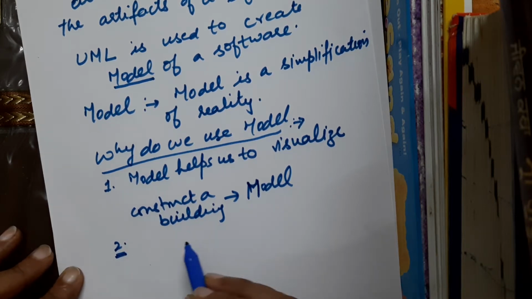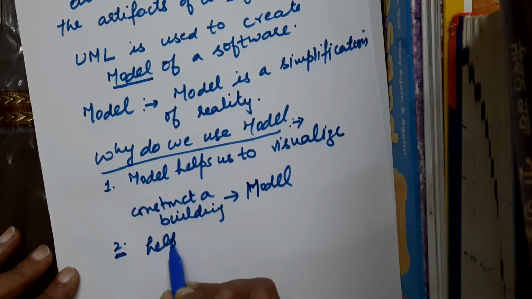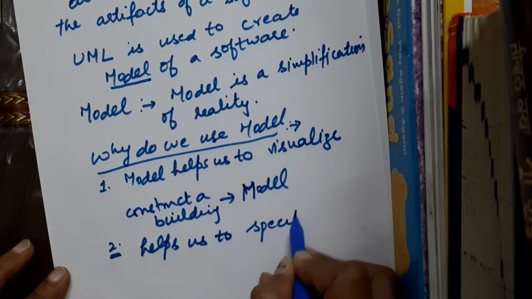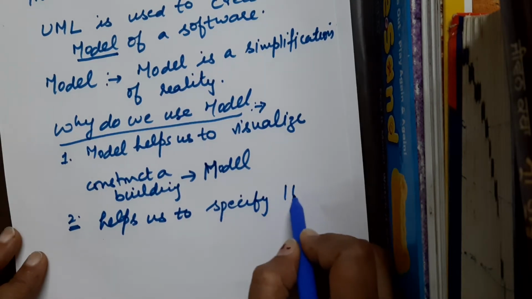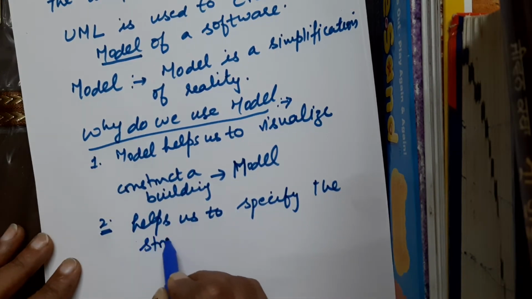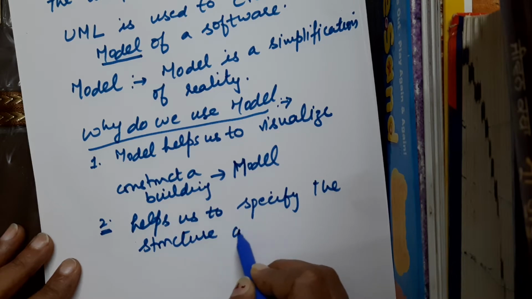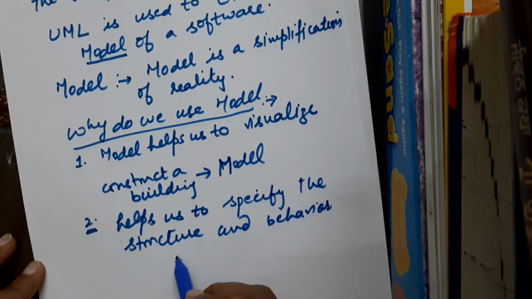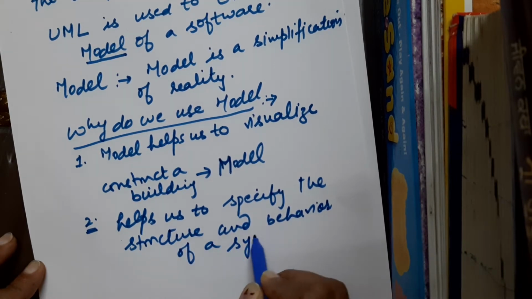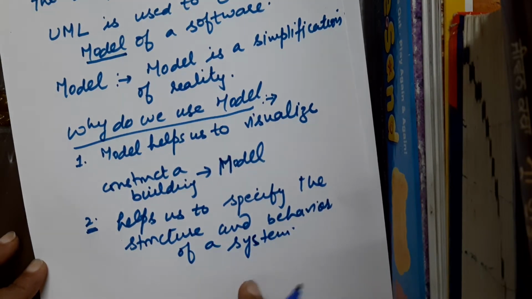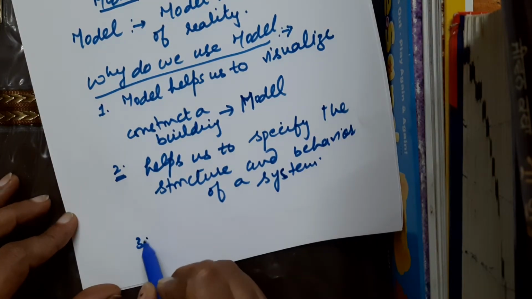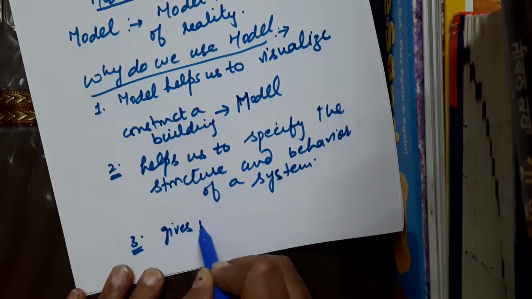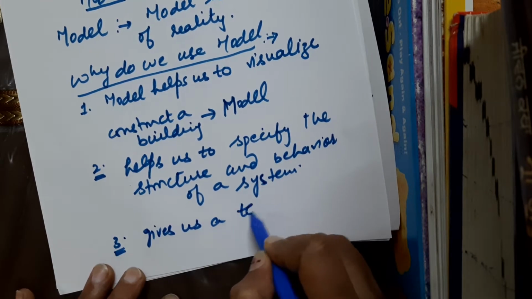Number 2, a model helps us to specify the structure and behavior of a system. Third, it gives us a template.